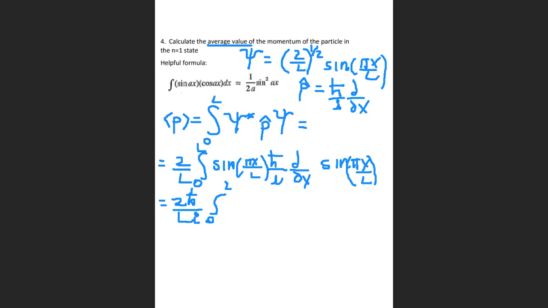When I differentiate sine, I get pi over L times the cosine of pi x over L.